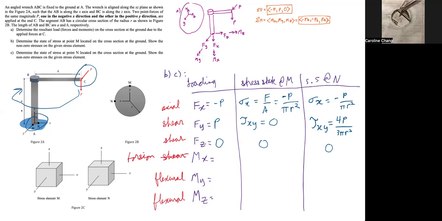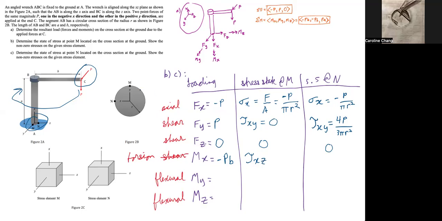Well, the stress state at that location, Mx is given by negative Pb, and the stress state at M is going to be equal to tau, shear stress along the x face, in the z direction.